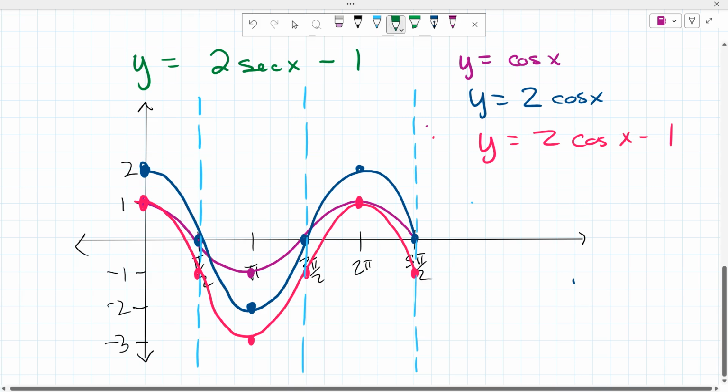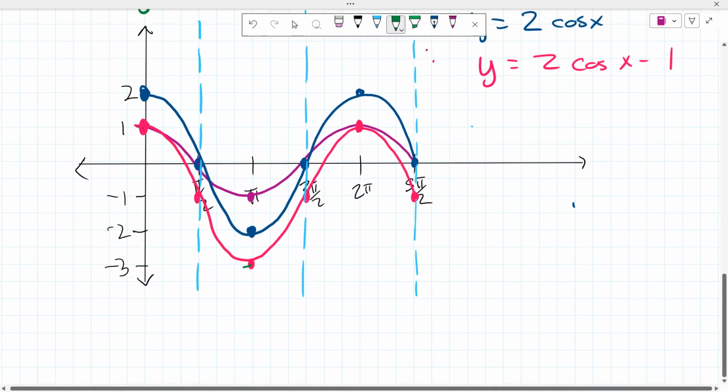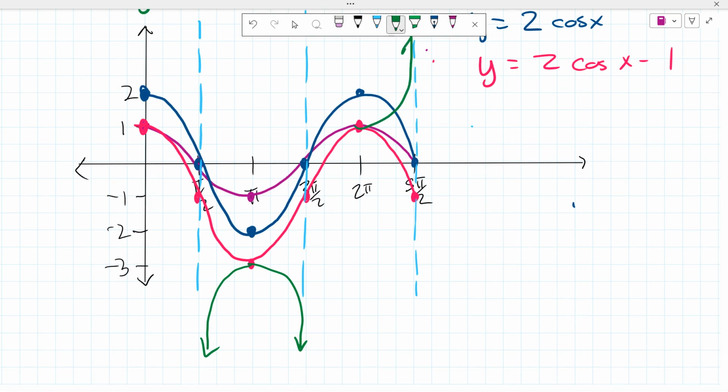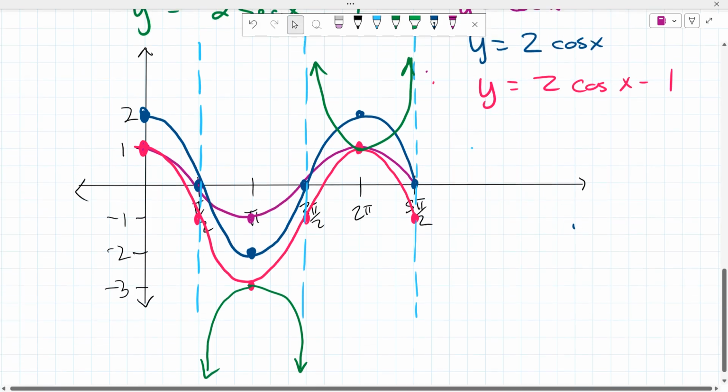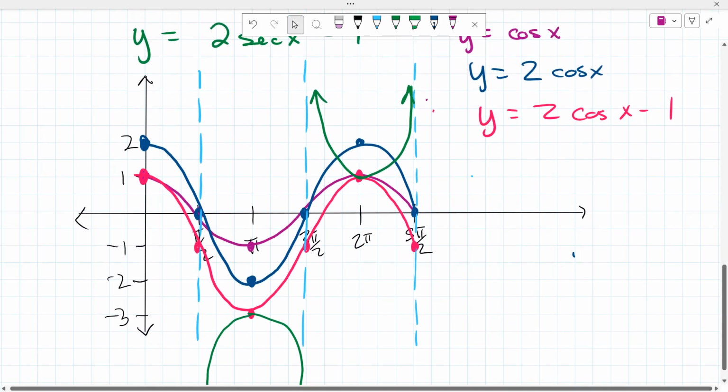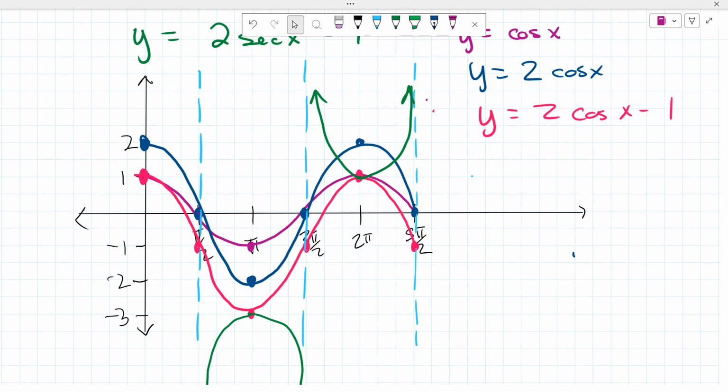So my final graph will look like this, a parabola down here, and from here, a parabola up here. Okay? So we stretched it, and we translated it, and that's how it looks. Okay? After a stretch and translation.